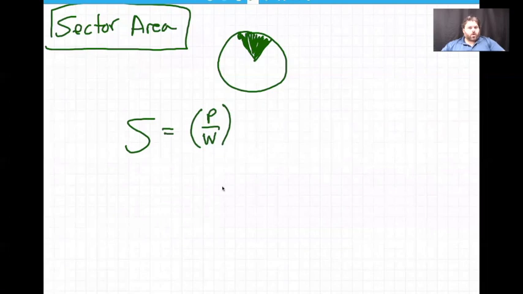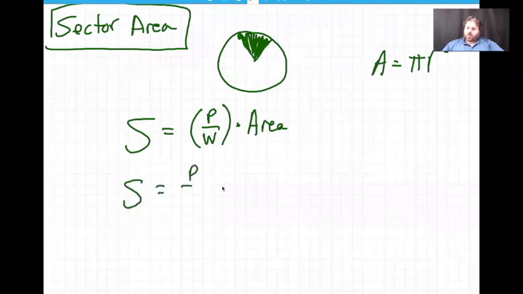It's the part over the whole. What fraction of the circle are we looking at, times the area formula for a circle. And just a quick reminder, area is pi r squared. So basically it comes down to the part over the whole, the fraction of the circle, times pi r squared. Okay, so let's look at an example.